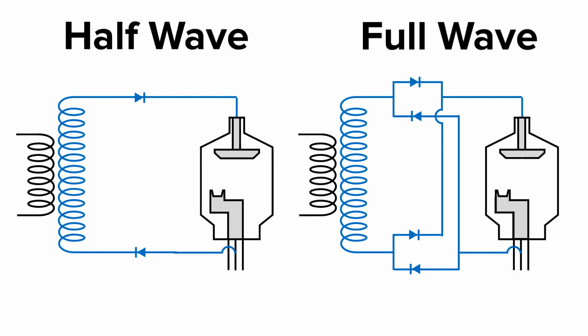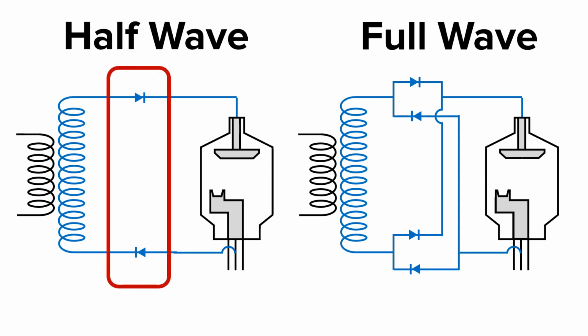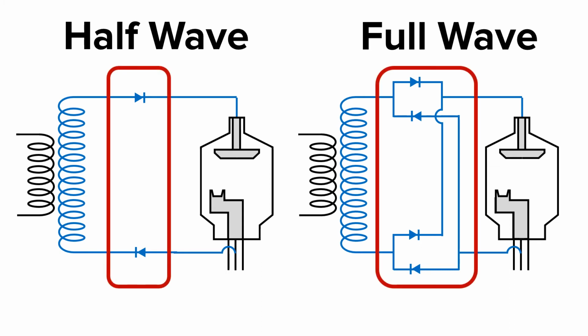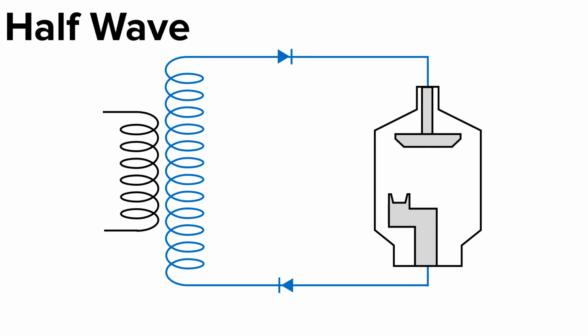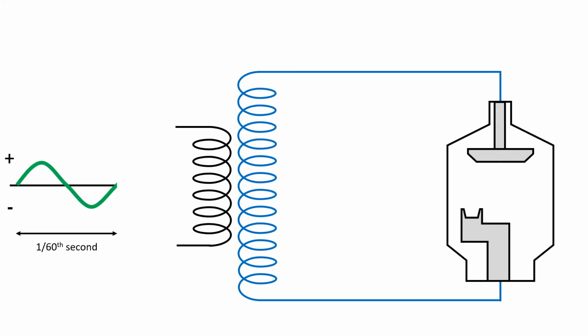There are two types of rectifiers, a half-wave rectifier and a full-wave rectifier. What's that mean, half-wave and full-wave, and what's the difference? A half-wave rectifier only uses half of the available current. Here's a graph of a 60 Hz alternating current system.